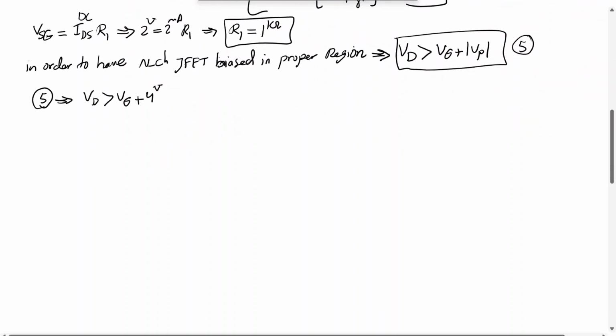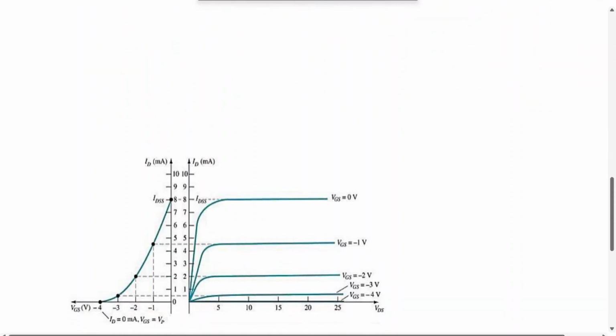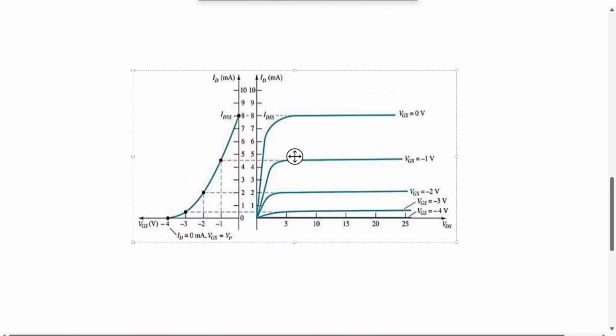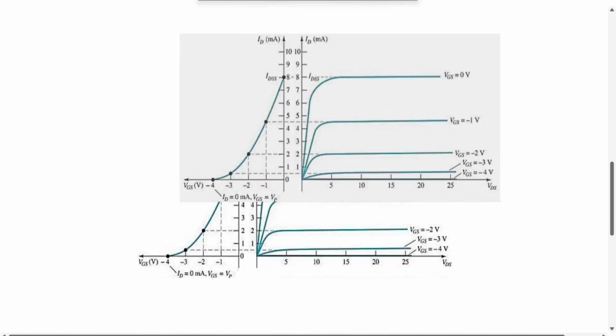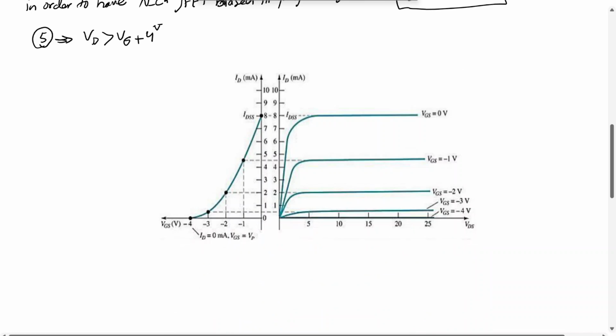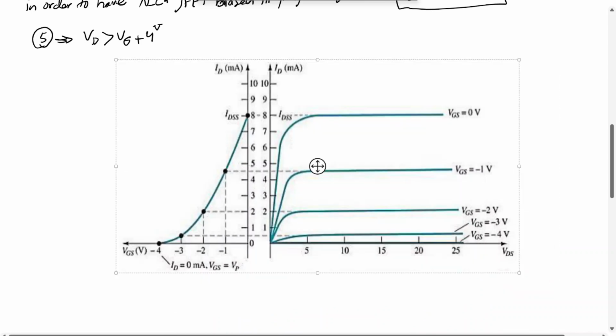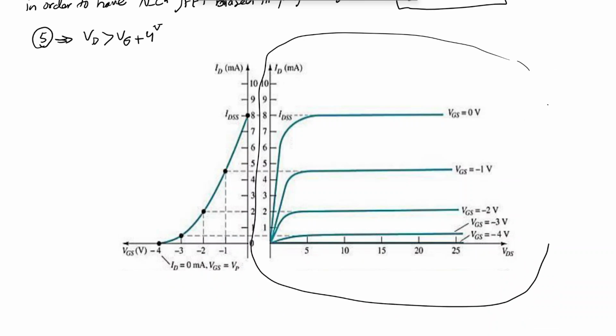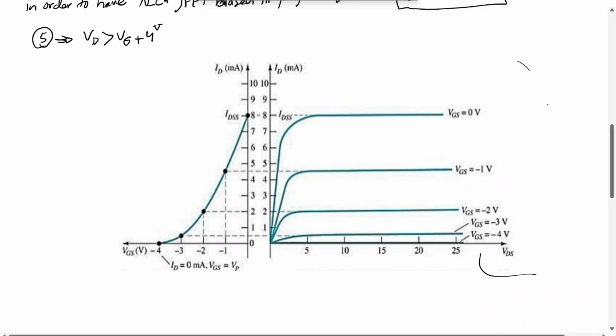I would like to also show what we can expect from the behavior of the ID versus VDS characteristic for this JFET transistor. This is just an illustration, an optional thing. On this side you can see ID versus VDS. On the x-axis we have voltage of drain source, ID is on the y-axis.